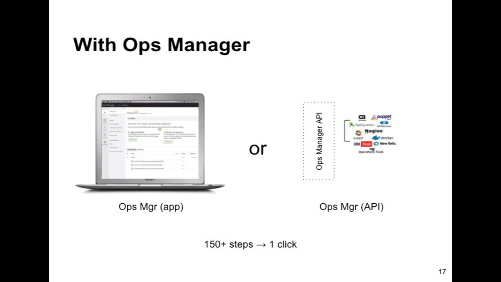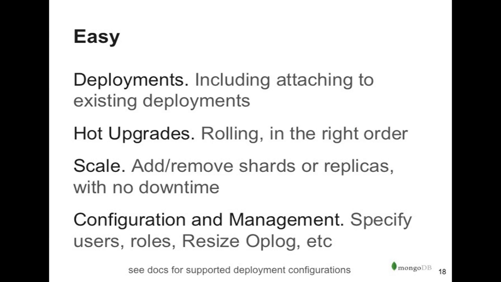Now, what does automation do for you? Well, it's certainly easy, and it makes it easy to spin up new deployments, as well as to automate or attach to pre-existing deployments that you may have running today. It allows you to do hot upgrades, meaning no downtime upgrades in a rolling fashion.